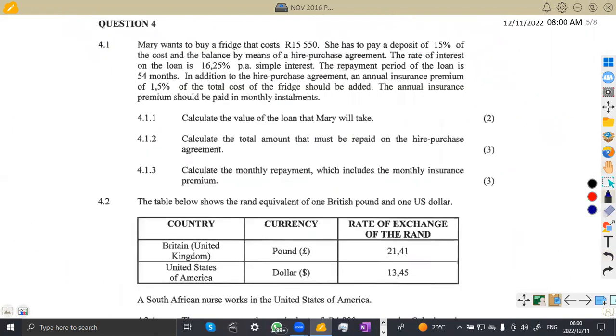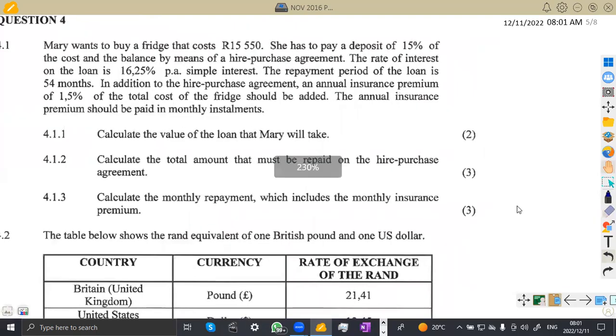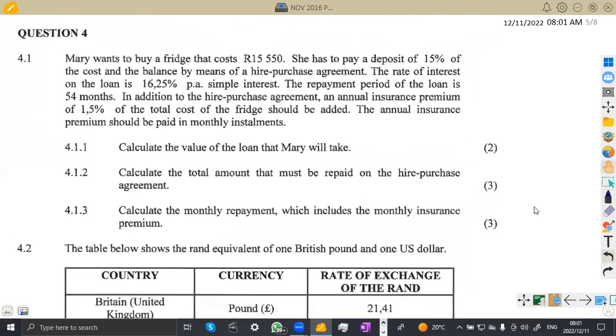All right, so you shall cross-check question 4 of the paper, where we are given this one under finance. So you shall try by all means to cover up everything there. On question number 4, Mary wants to buy a fridge that costs 15,550.